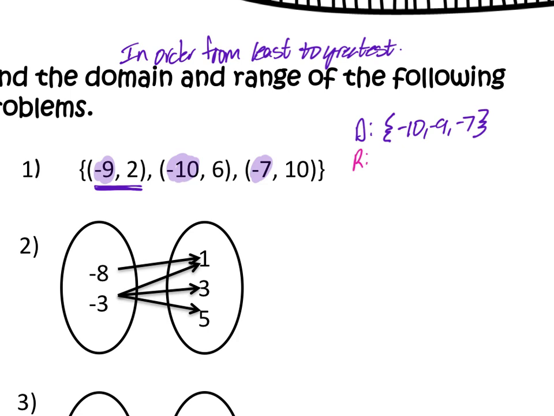And then my range is the Y values, which are here, here, and there. Again, in order from least to greatest. So we've got 2, 6, and 10 with my brackets around them. Are we okay with that?